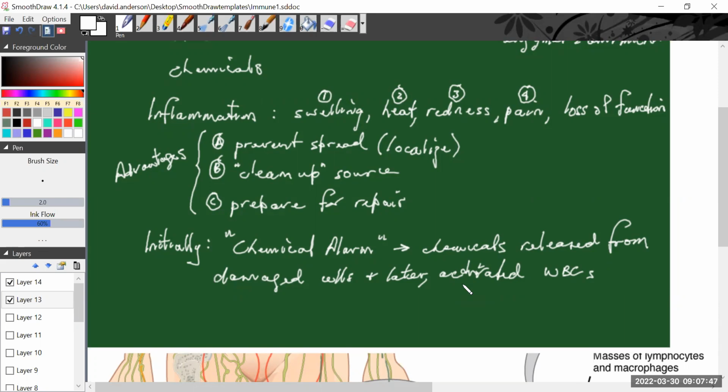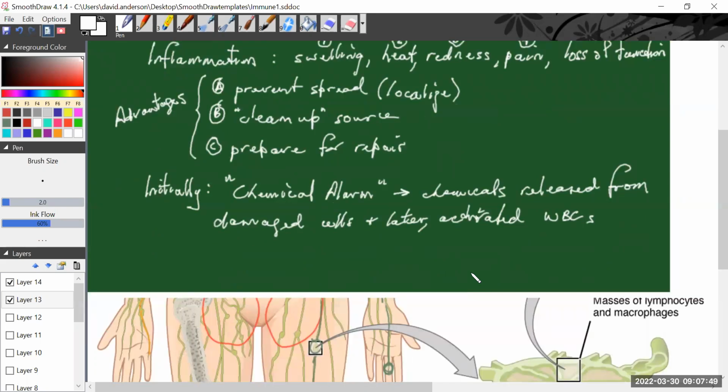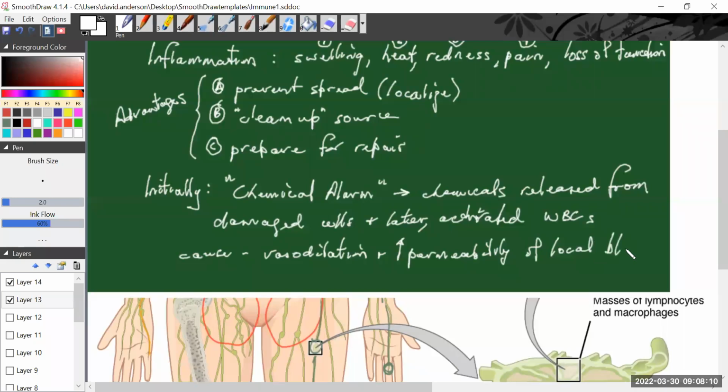And these chemicals basically are going to cause vasodilation and increased permeability of the local blood vessels. So vasodilation, we're going to make the blood vessels wider and we're going to make them leaky.